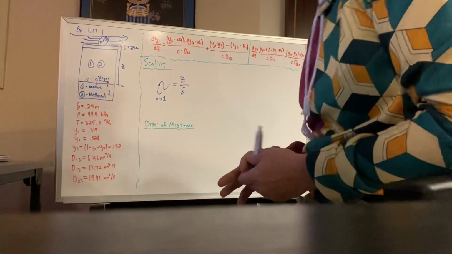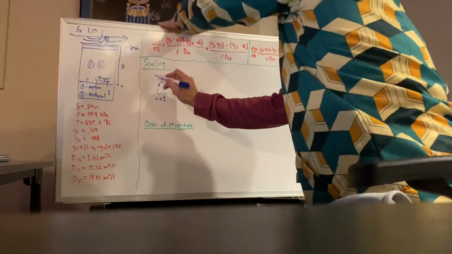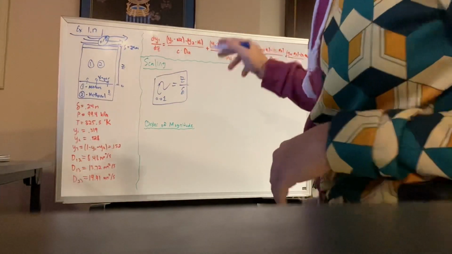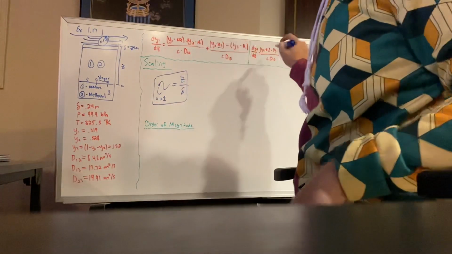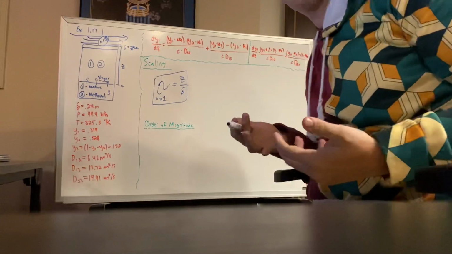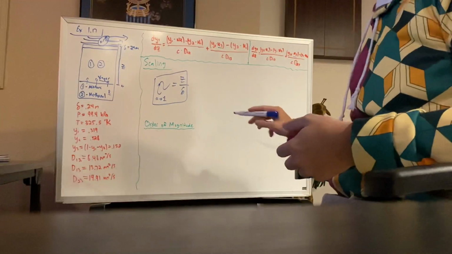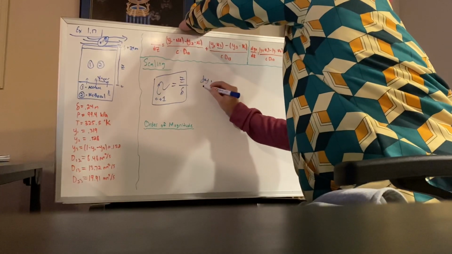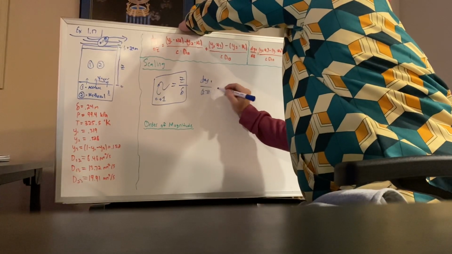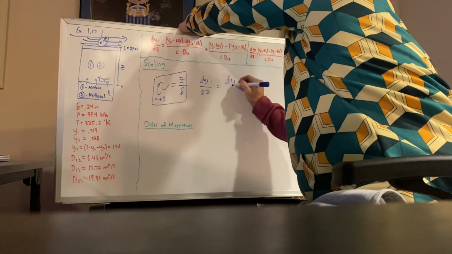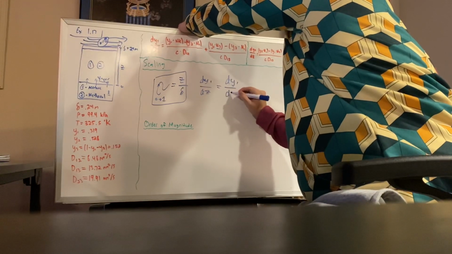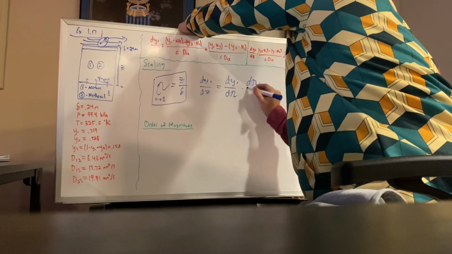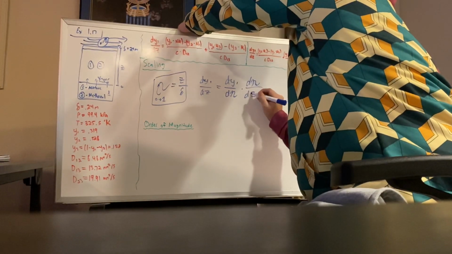Okay, so now that we have defined eta and we know what that is equal to, we can rewrite the two Stefan-Maxwell equations in terms of eta. And so this comes out to be dy1 over dz is equal to dy1 over d eta multiplied by d eta over dz.